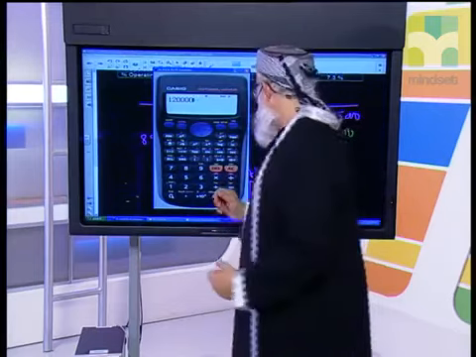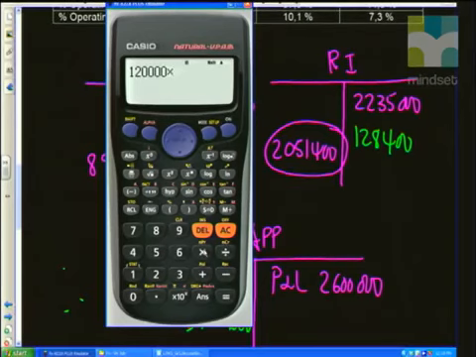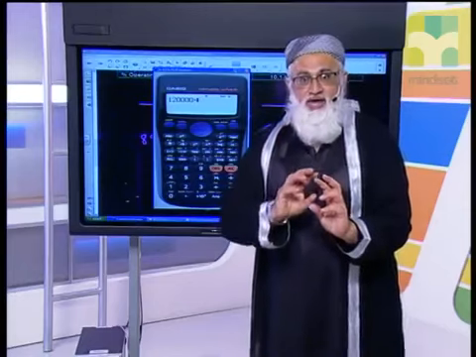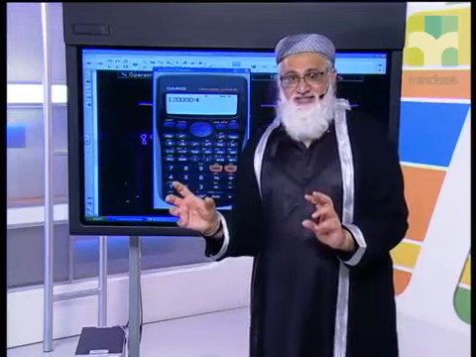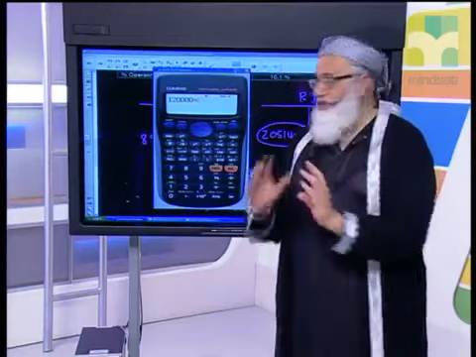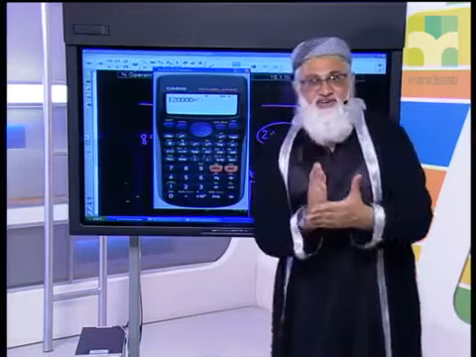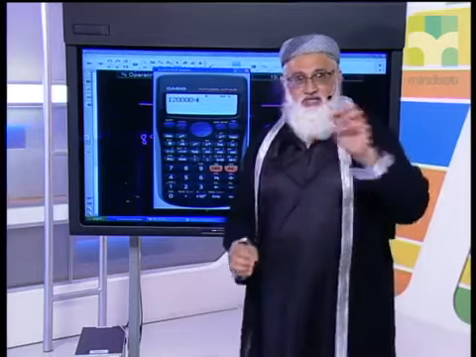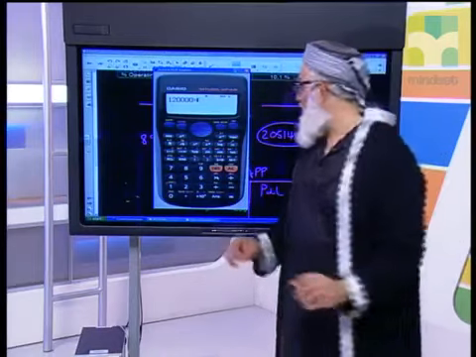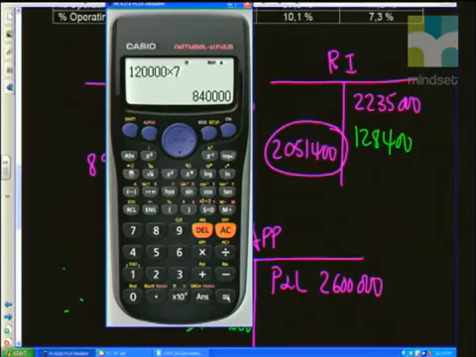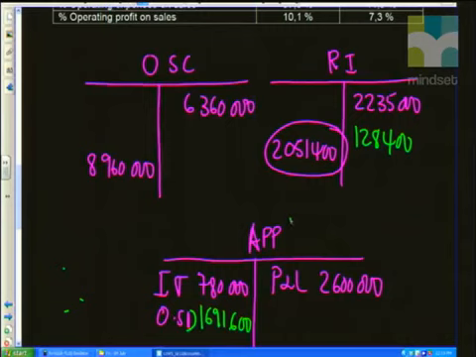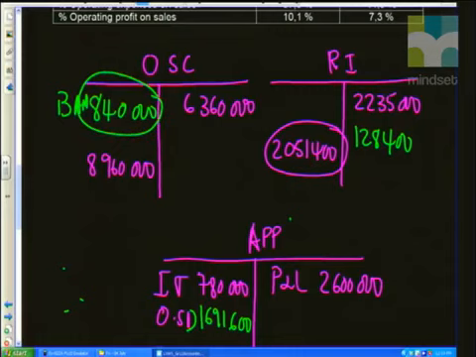I know that in my ordinary share capital account, I only use my average price. Important. The entry in the ordinary share capital is at the average price because that is the price that goes into my ordinary share capital account. Multiply that by 7 and my answer is 840,000. So therefore, 840,000 is the bank component of the shares that I bought back.